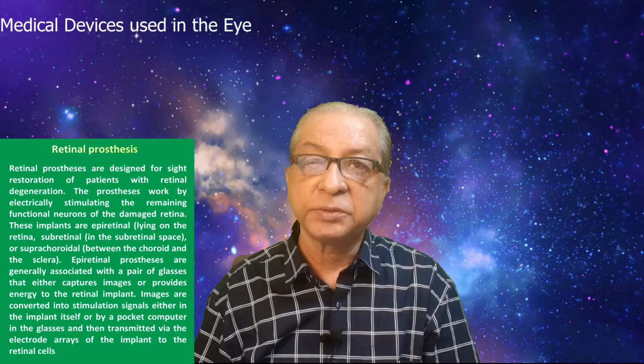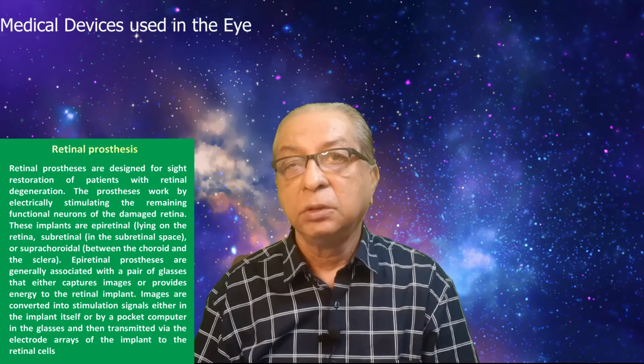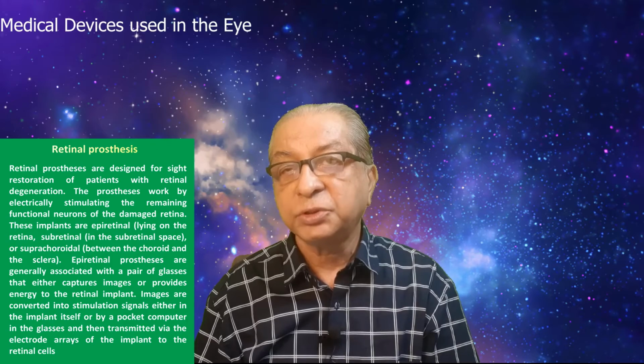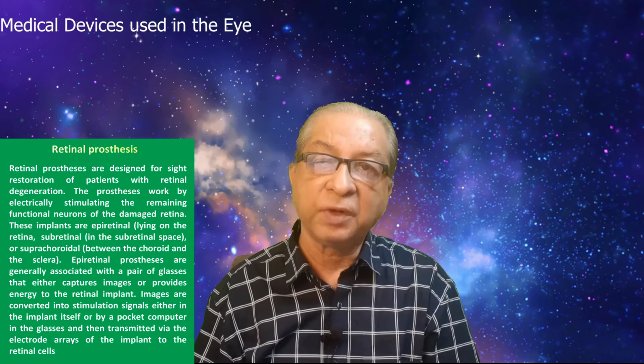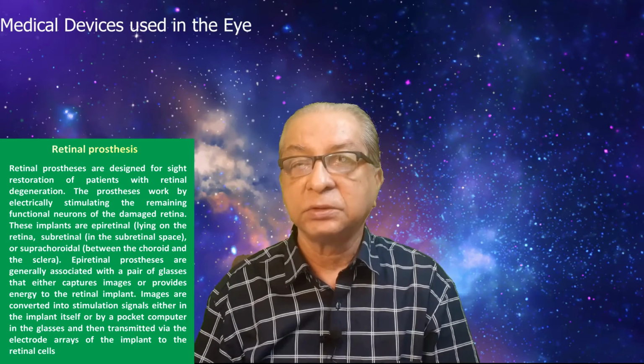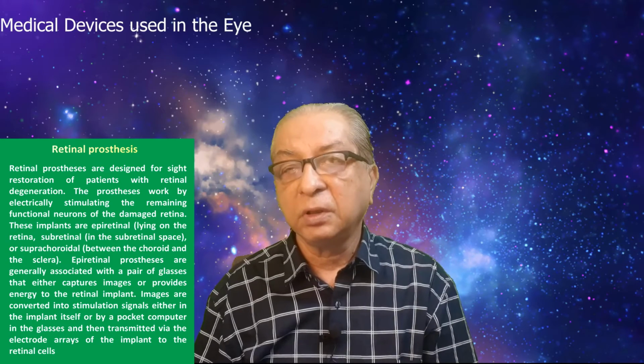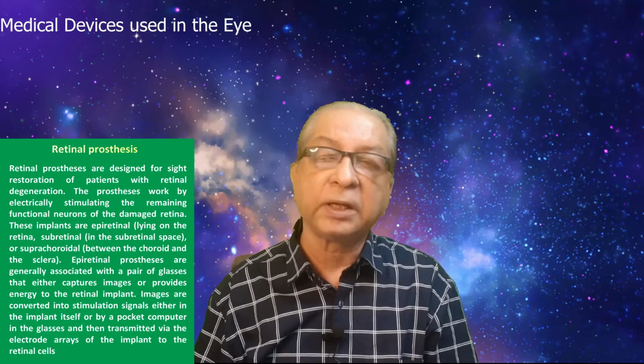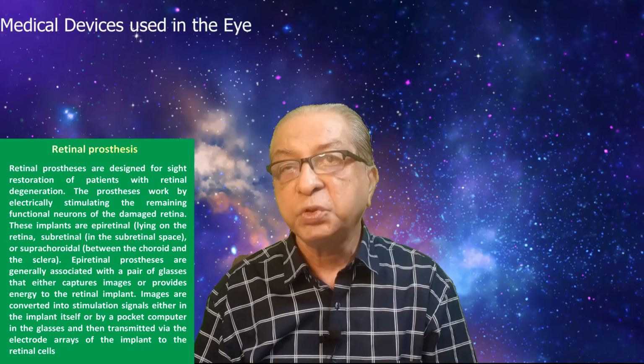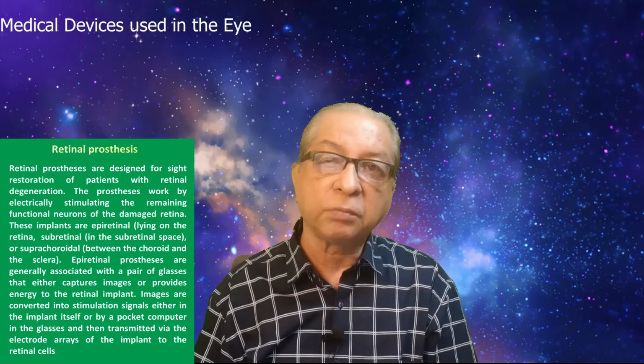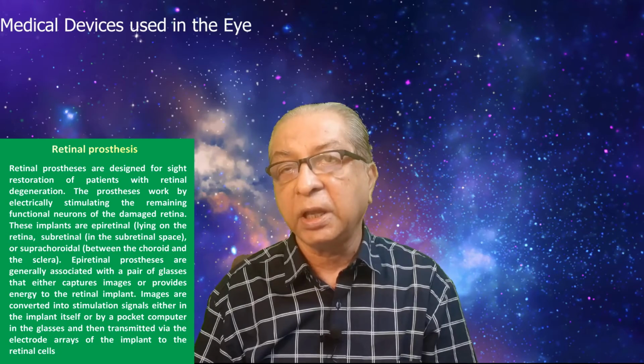Lateral retinal spaces are there. So those things are very much medical science. Through this lecture we understand that there are a lot of medical devices used for a lot of medical problems that happen in the eye.